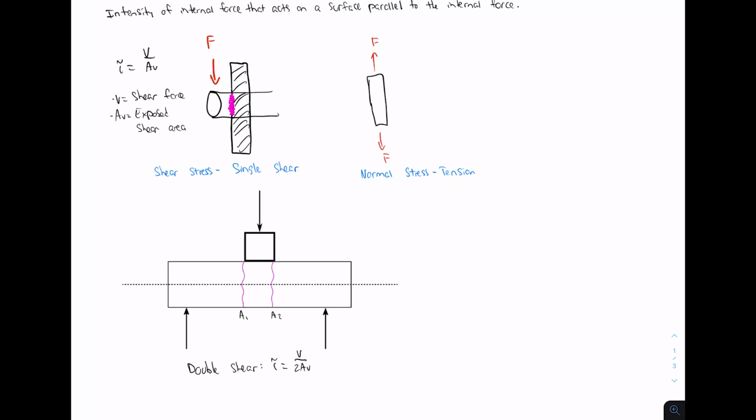So tau, the shear stress, is equal to V, the shear force, divided by 2 times A_V, where A_V is the exposed shear area as mentioned before. Okay, really simple stuff. There's really not much theory to go over here because it's so simple. It's just this equation, and we're going to go ahead and use that. Now we'll first talk about the experimental shear strength and then the theoretical shear strength.